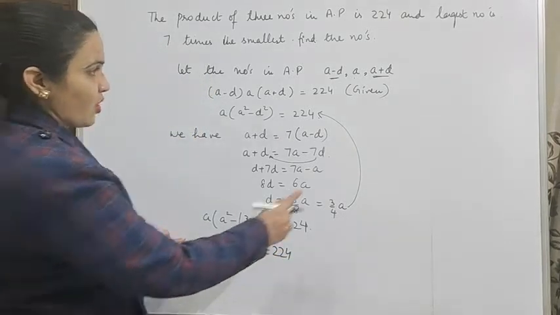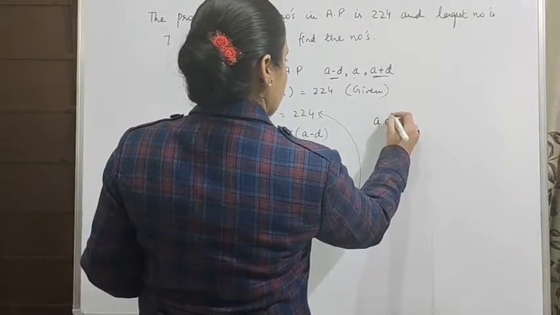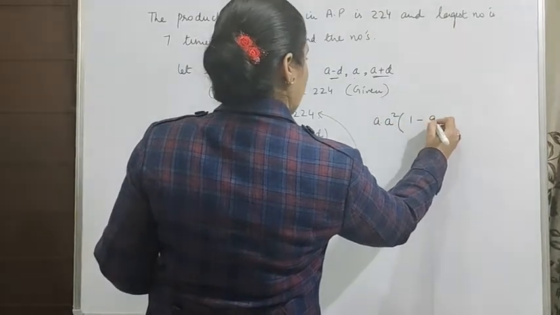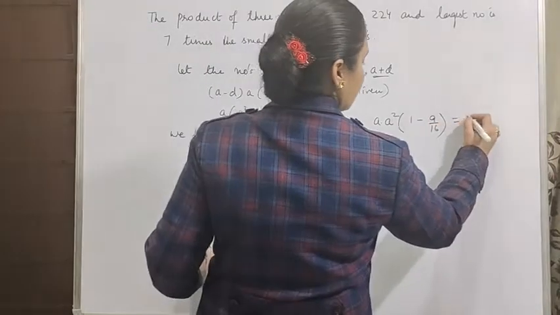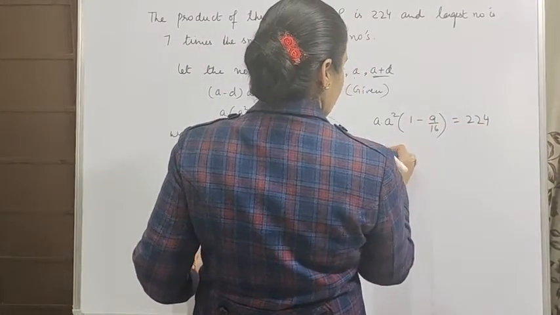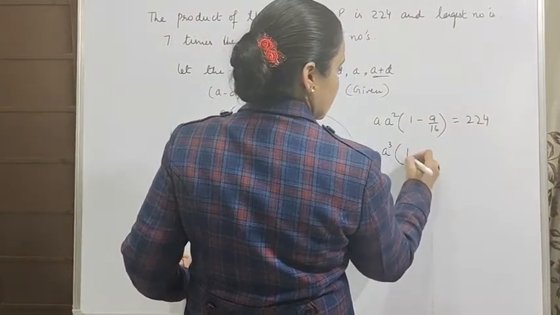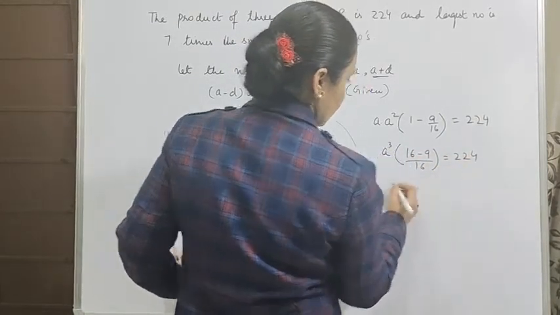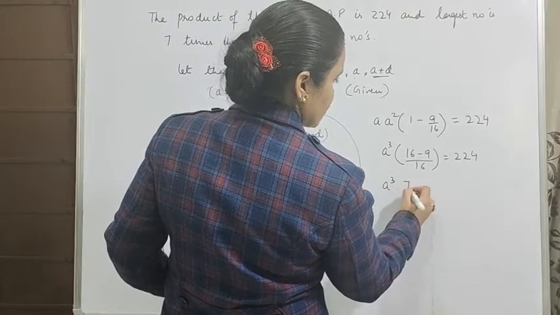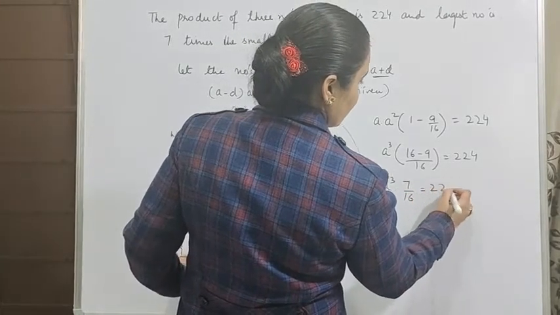Take a square common, so we have a into a square, and in the bracket 1 minus 9 by 16, is equal to 224. So we have a cube into 16 minus 9 upon 16 is equal to 224. So we have a cube into 7 upon 16 is equal to 224.